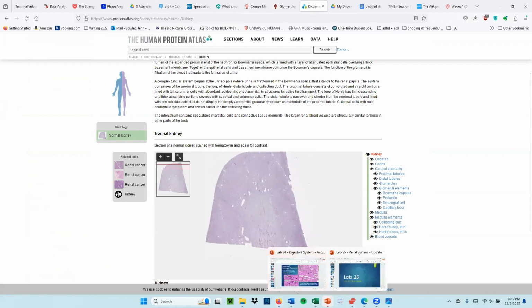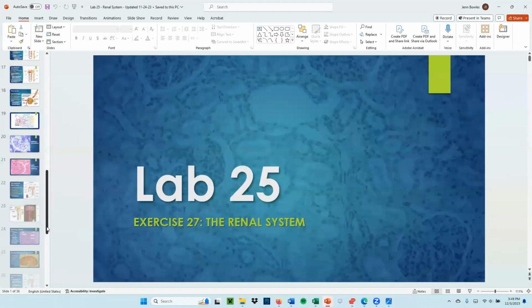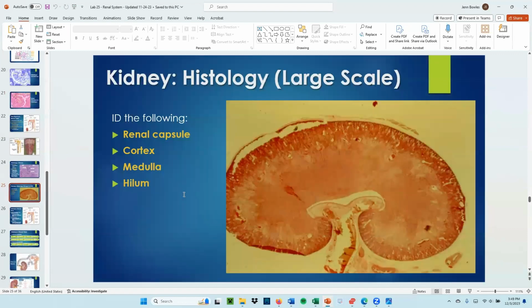So from that macroscopic view, you want to be able to identify the layers of the kidney. Here we go. Like I mentioned a lot, we have many organs with an outer cortex and an inner medulla, and the kidneys are no exception. So the darker part here is going to be that outer cortex. Technically, there is a fibrous capsule, but that is usually separated on the slide, so don't worry about that.